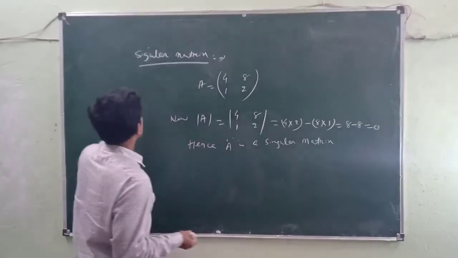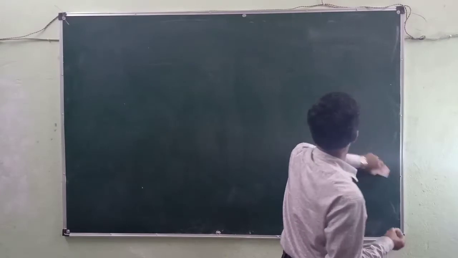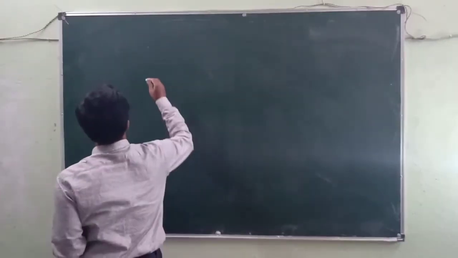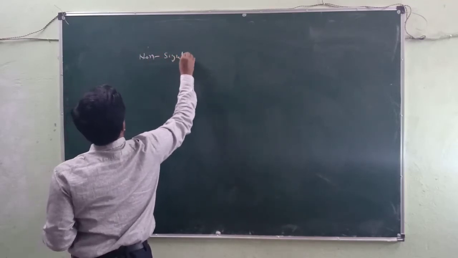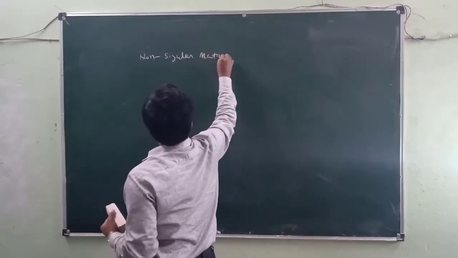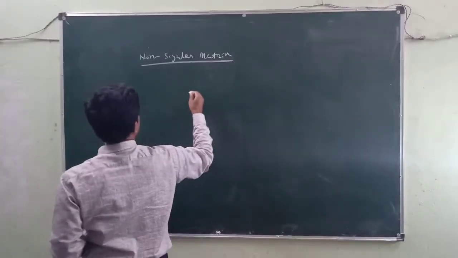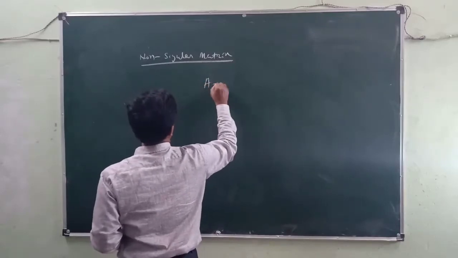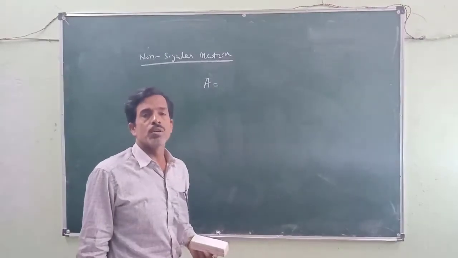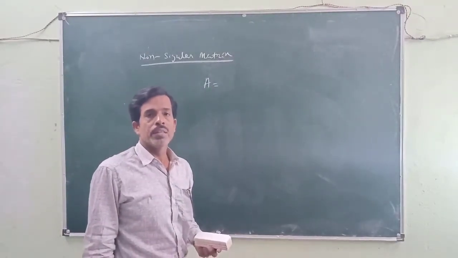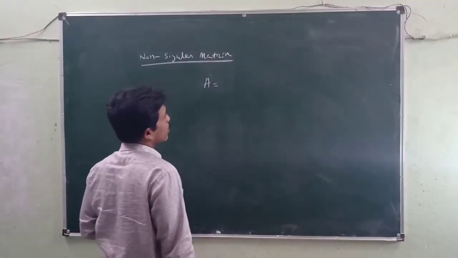Then comes another matrix, named the non-singular matrix. That means any square matrix whose determinant value is not equal to 0, we call a non-singular matrix.